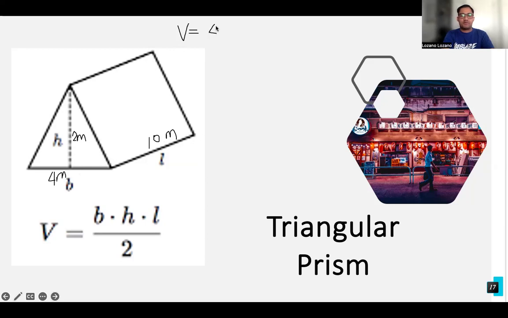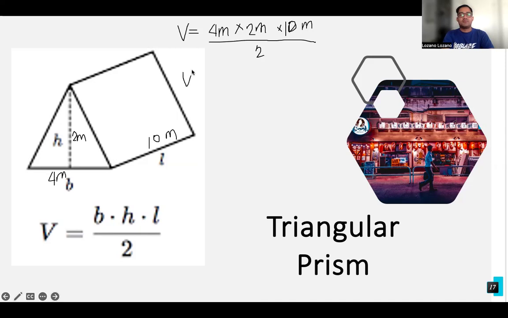So that is 4 meters times 2 meters times 10 meters. Then divide by 2.